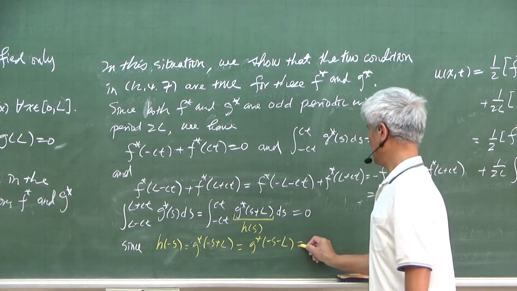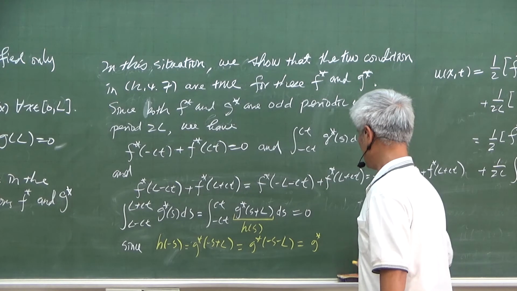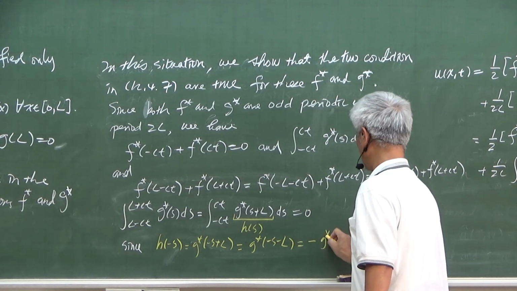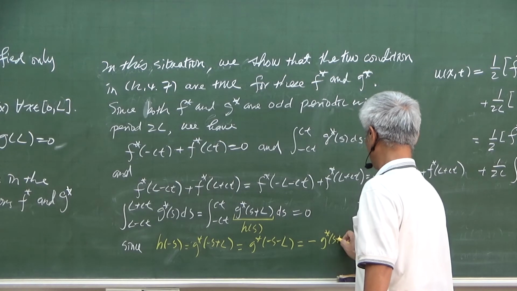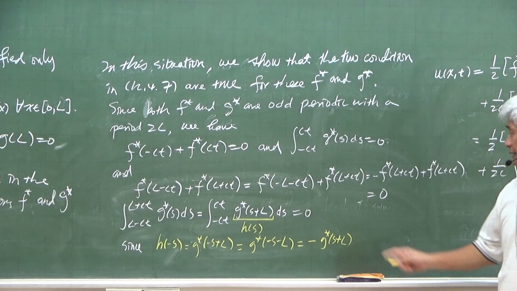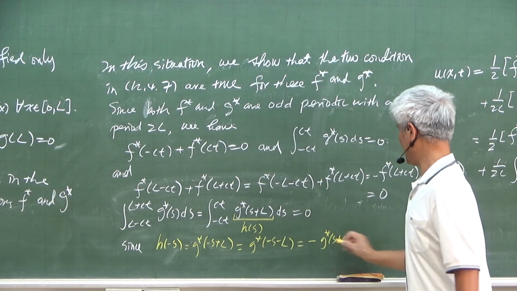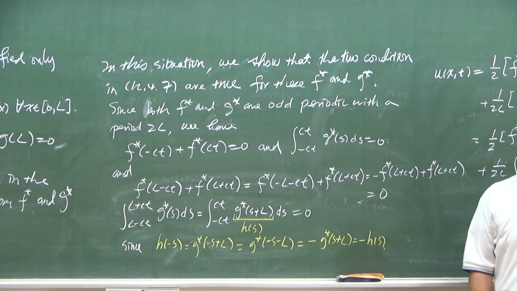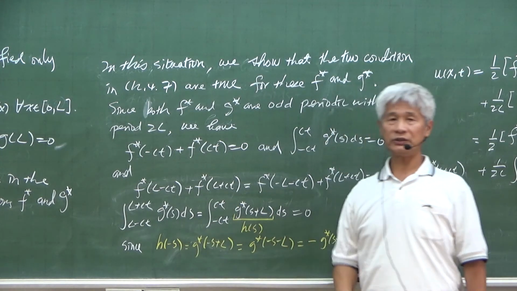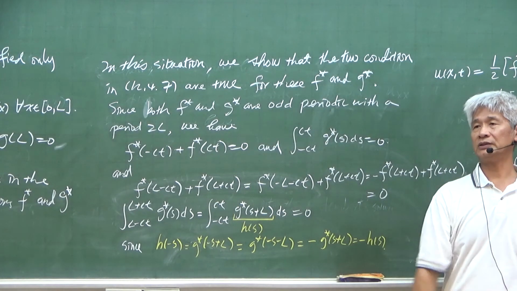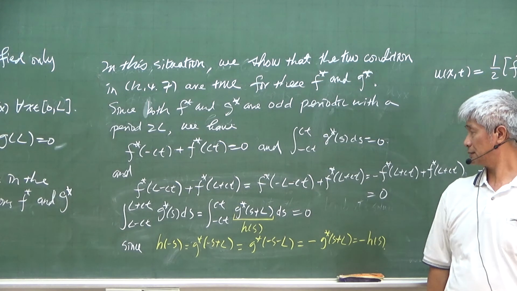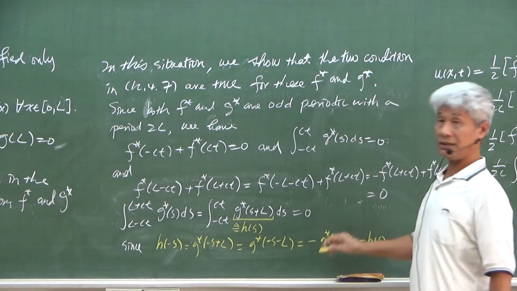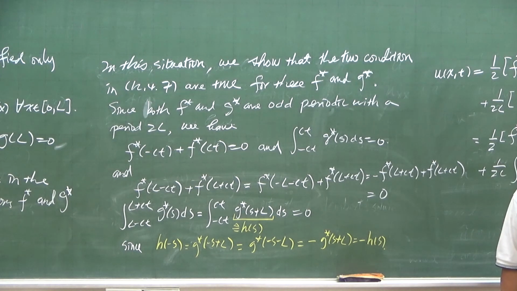So this is equal to, and also g star is odd, so we have minus g star of x plus L. And by definition, g star of x plus L is h of x, so it's minus h of x. And we're done. So we show h is an odd function, and so it's 0 too.